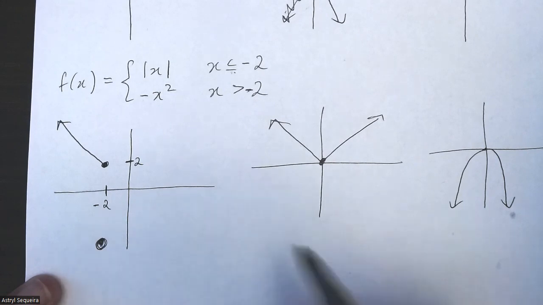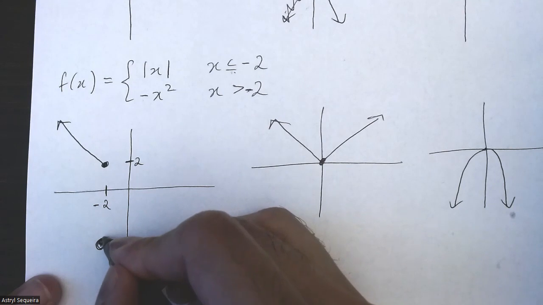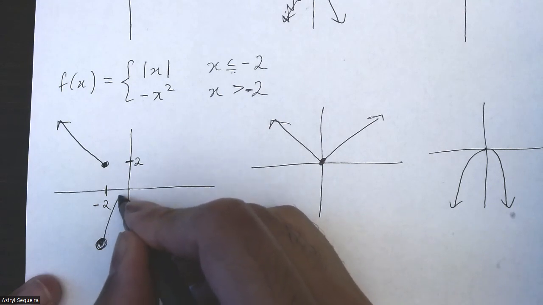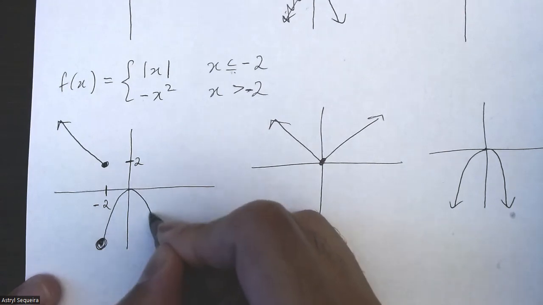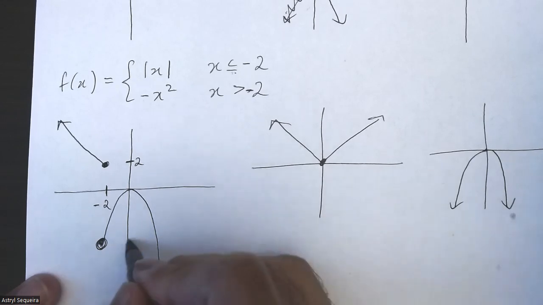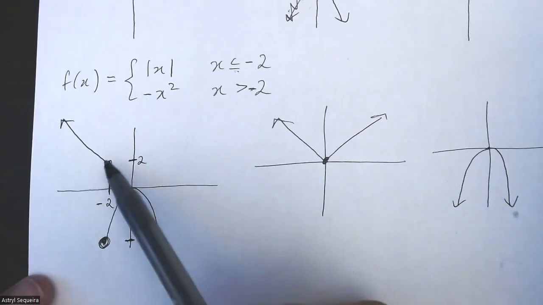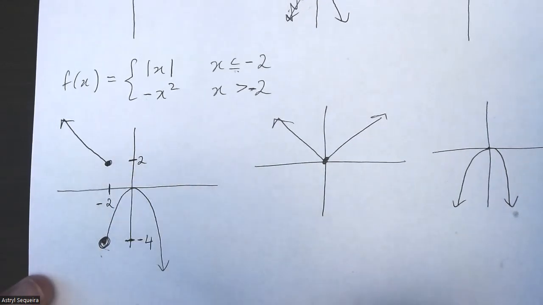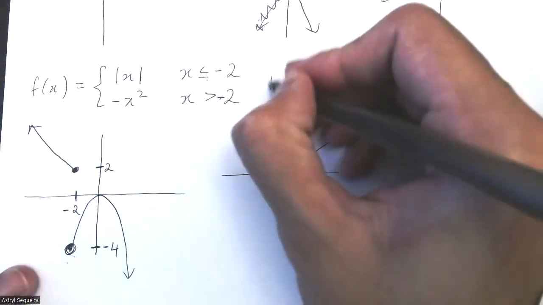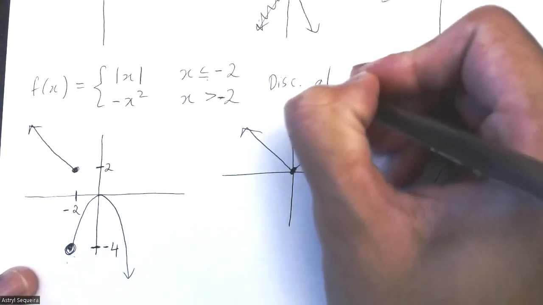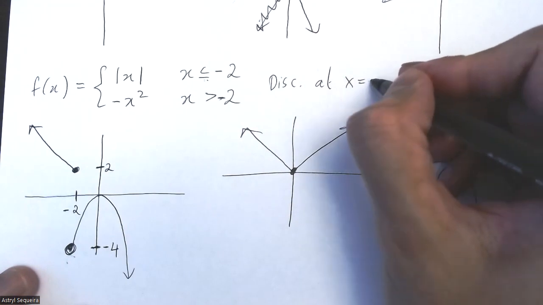And now we're going to draw the right side of this function, which is basically going to hit the origin and look like that. And this is just a value of negative 4. Again, these two functions are not touching. So this is going to be discontinuous at x equals negative 2.